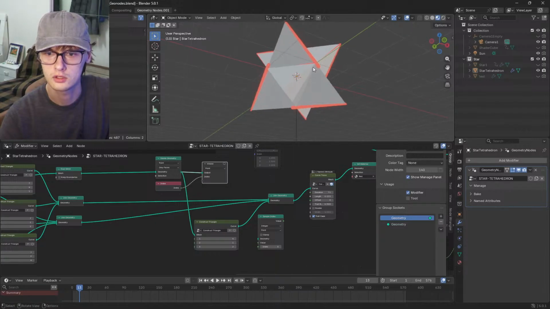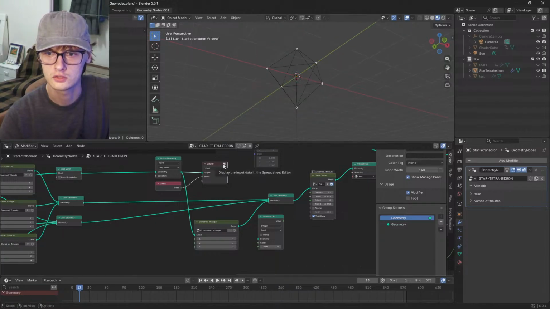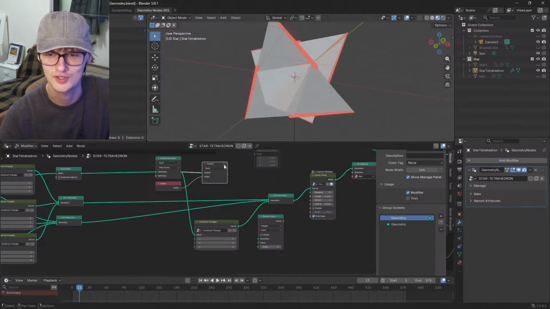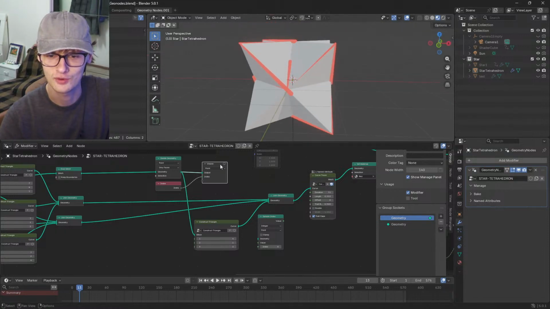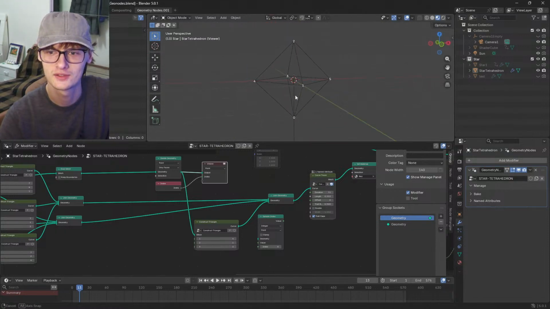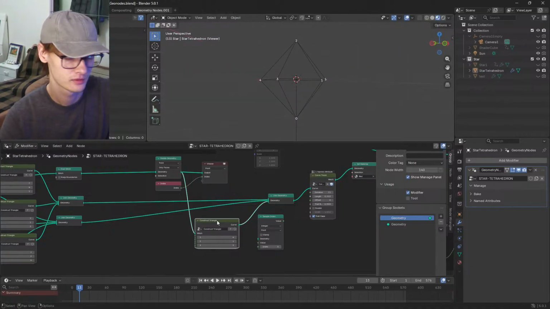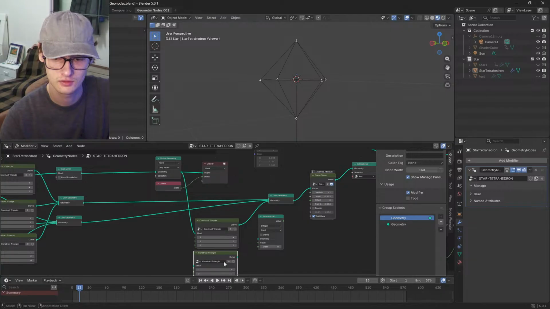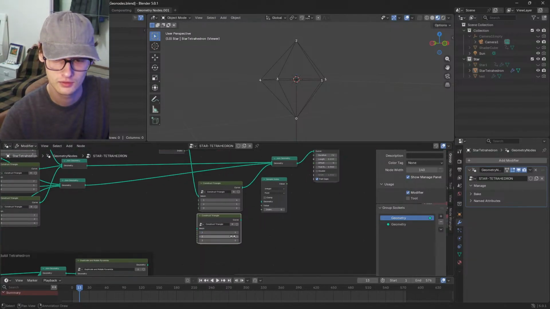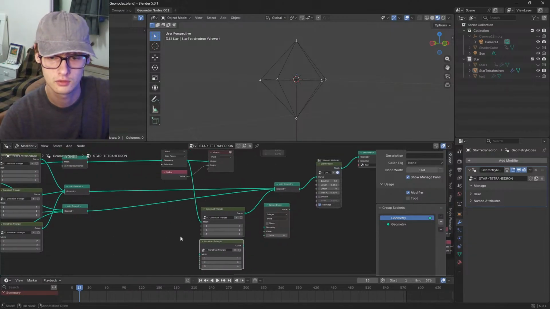So maybe for this we're gonna do, oh, I just disoriented myself in 3D space with this mesh. I don't even know where that point is. 1, 0, and 4 is what I need. 0 and 4.